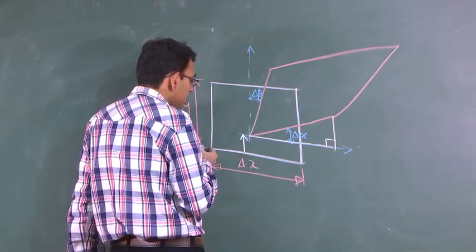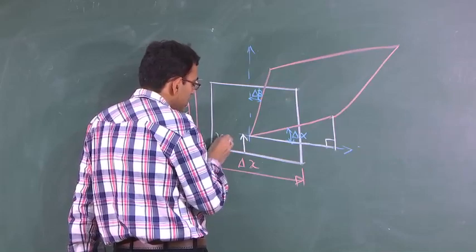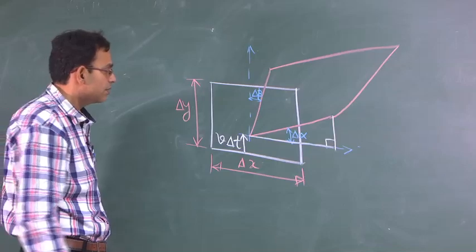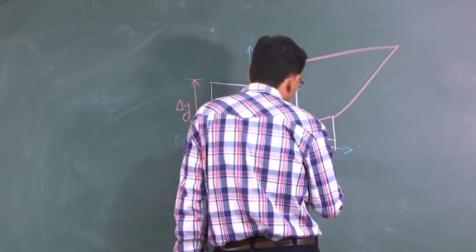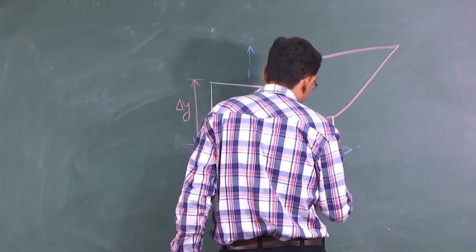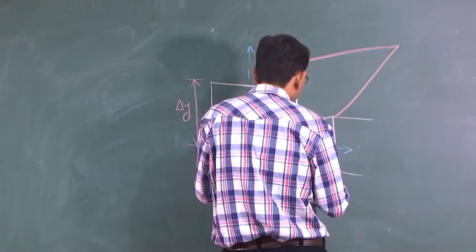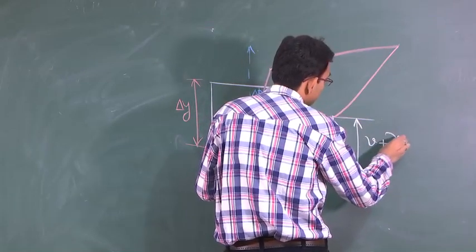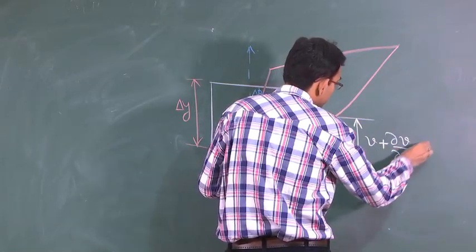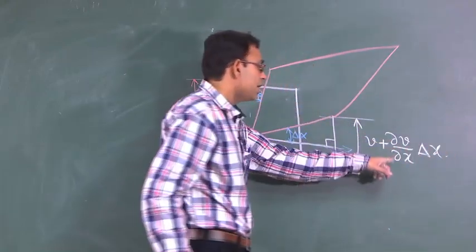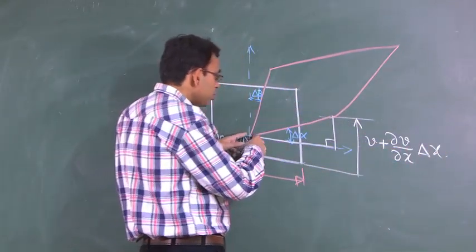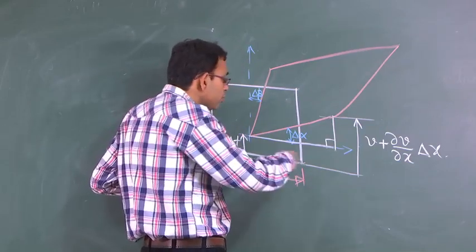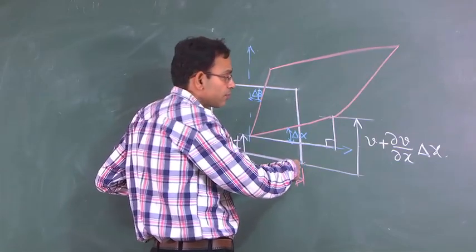If v is the velocity here, over a time delta t, this goes up by v into delta t. If the velocity here is v, the velocity here is, this is not del v del y, because from here to here when there is a change in v, that is change in v due to moving along x and not along y.